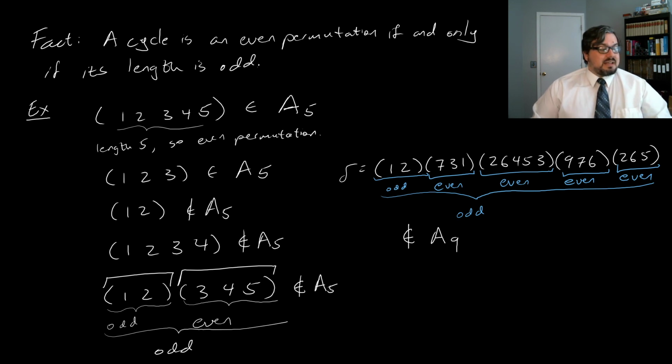So this is how we can look at a permutation that's written in cycle form, even if it's not in disjoint cycle form, to tell whether it's an even or odd permutation. It turns out that the alternating groups are very important in a lot of places in algebra. In fact, the alternating groups are related to the existence of things like a quadratic formula.